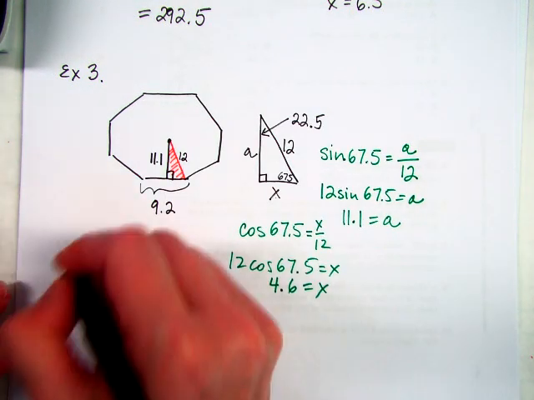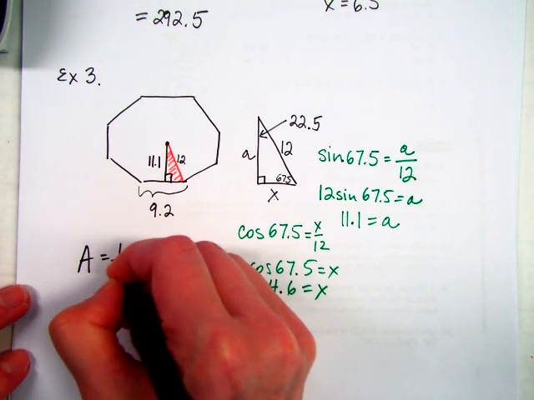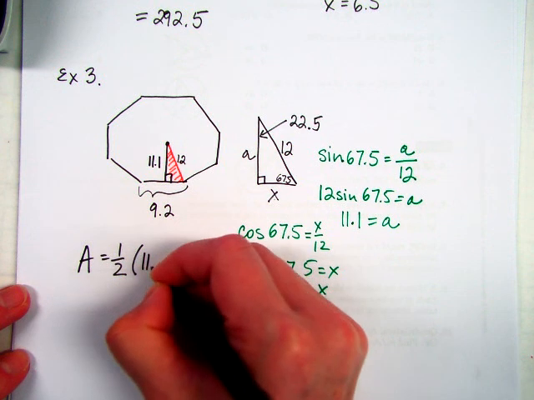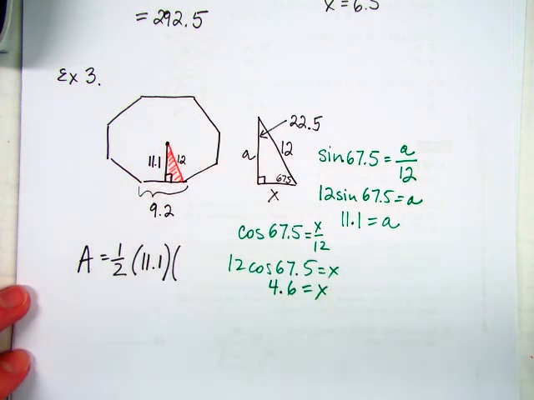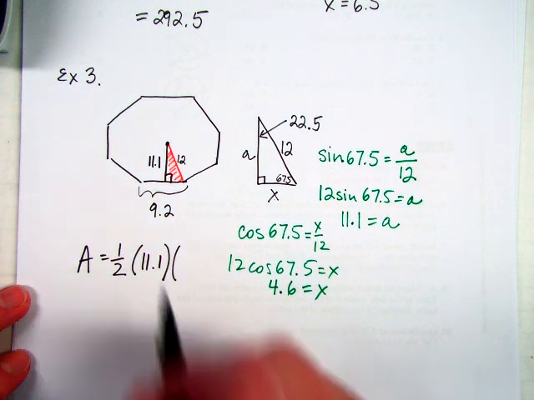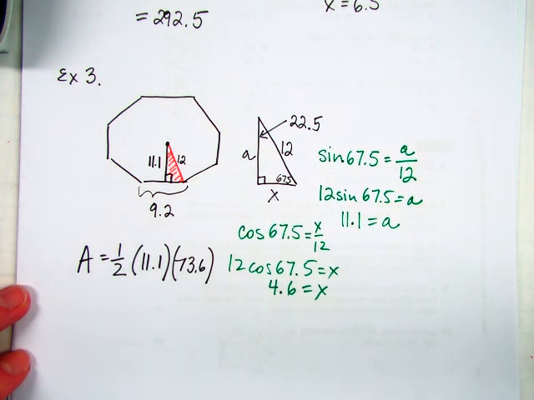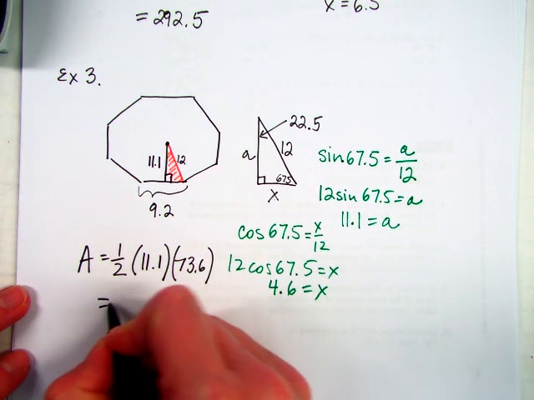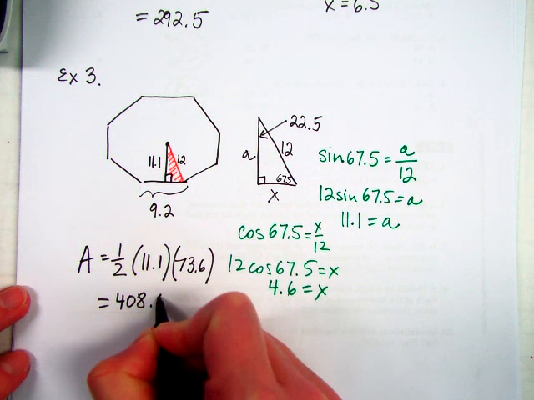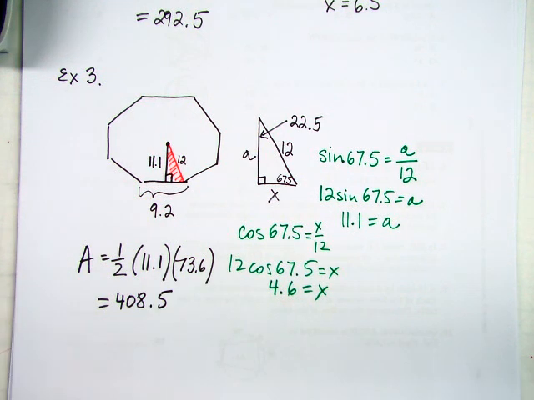So to find the area, you would do 1/2 times 11.1 times the perimeter. When you multiply 9.2 times 8, 73.6. Multiply this all out. $408.5? Yeah.